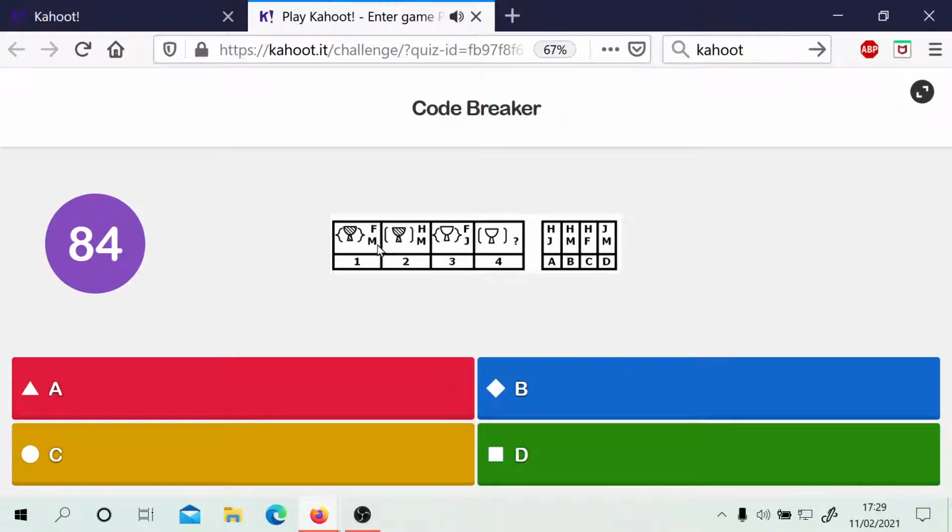So the only factor is the type of brace and whether the cup is coloured in or not, right? So the curly brace is F, but we're not looking for that. We want H at the top, and then if it's coloured in or not is the M at the bottom. So it would be HJ.